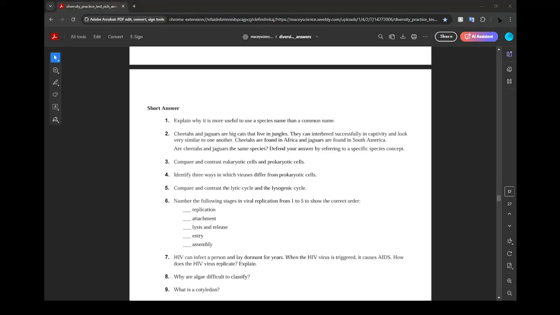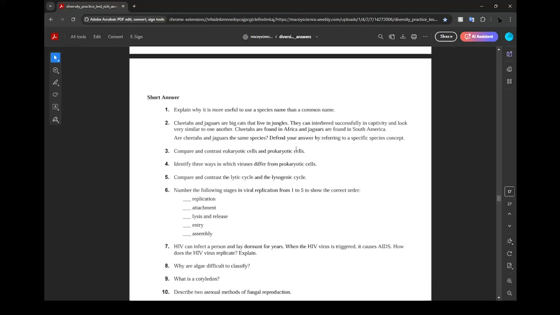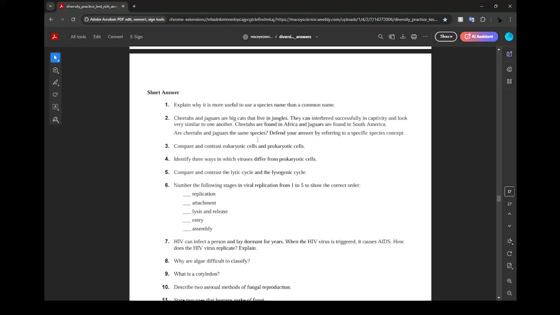No, they are not. So they cannot. Wait, hold up. Can they interbreed though? We don't know if they can interbreed. I would be fine if you say no, they cannot interbreed, or if you say, well, yes, they look the same. But I think most of us would say yes, they look the same because they are the same thing. Well, they aren't the same thing specifically. They're different types of species, but yeah.